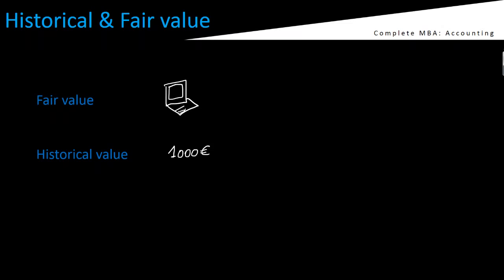The fair value or market value of that computer would be 900 euro, for example. This is the difference. Usually fair values or market values are lower in assets than historical values, but it can be the contrary. For example, if you have something that gains value with time, like a very old car or a very important jewel or painting, the fair value or market value may be higher than the historical value.